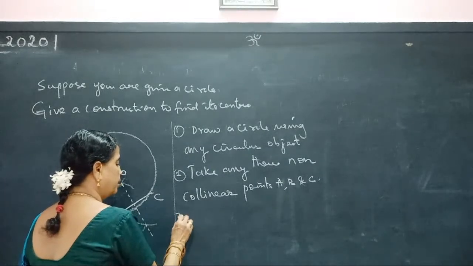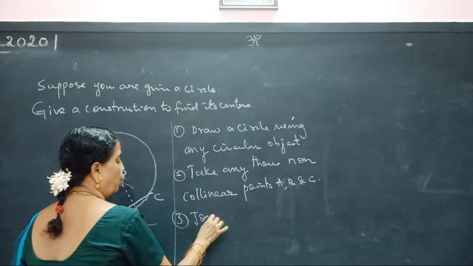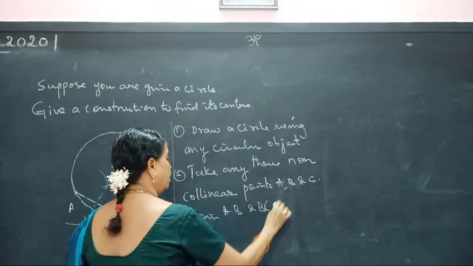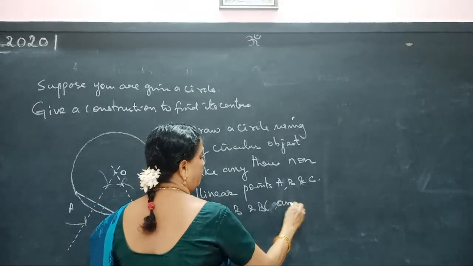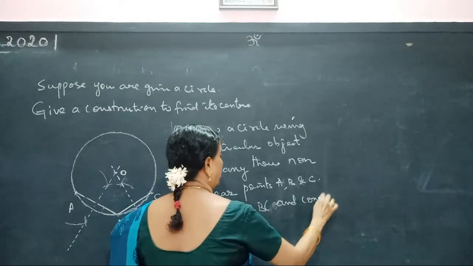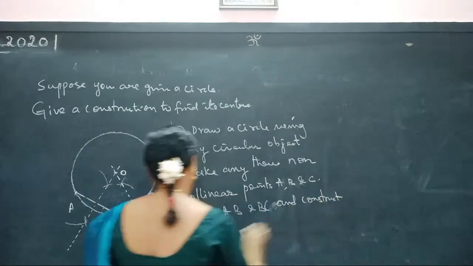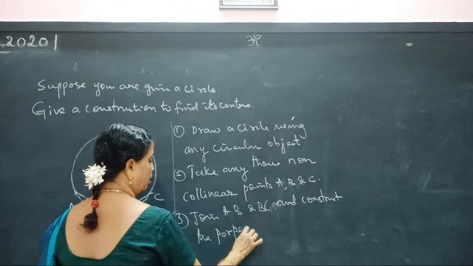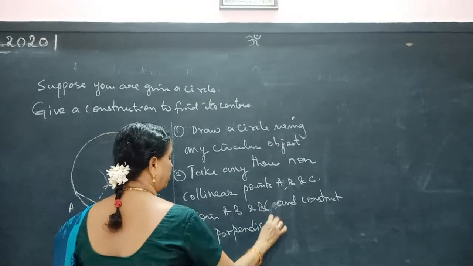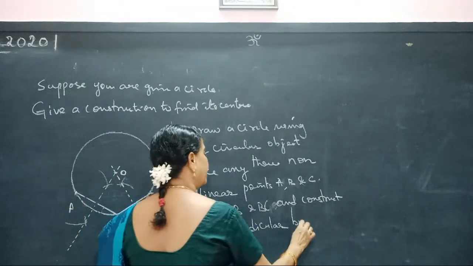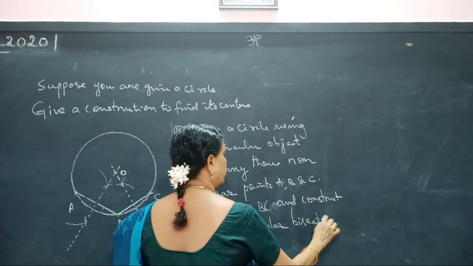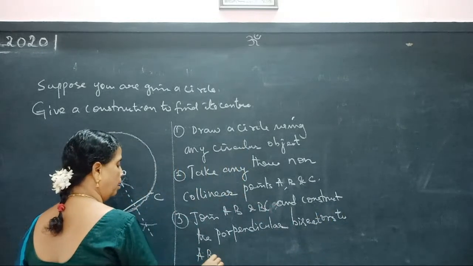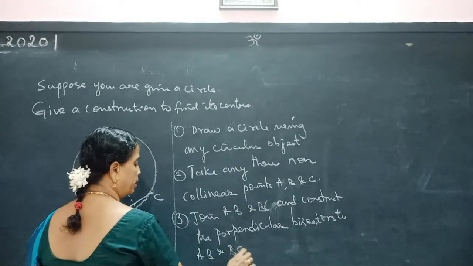Next, what is the third step? Join AB and BC and construct the perpendicular bisector to AB and BC.